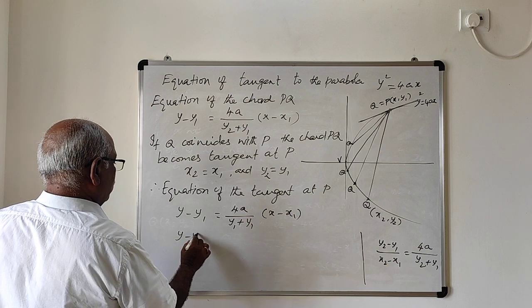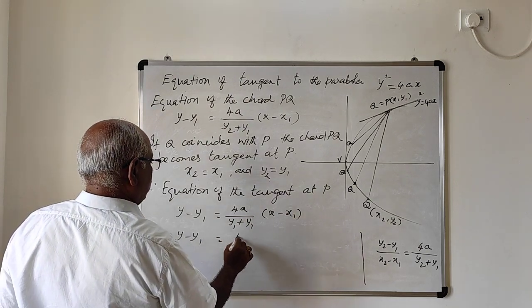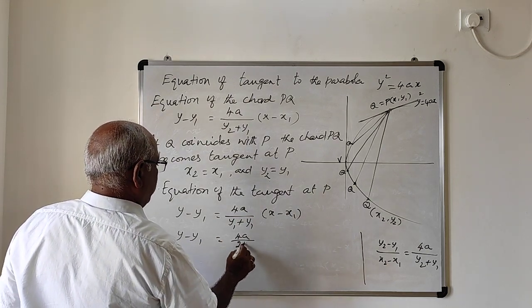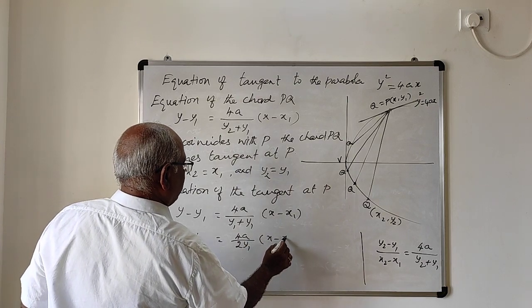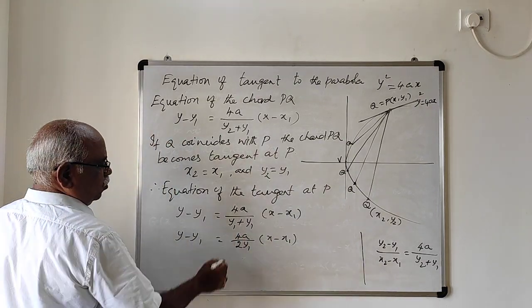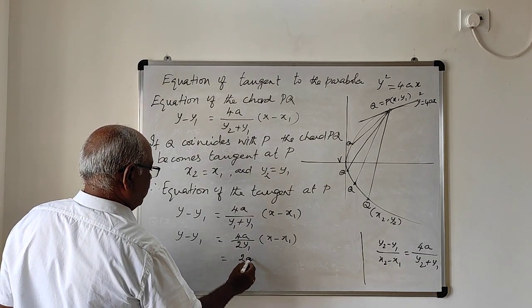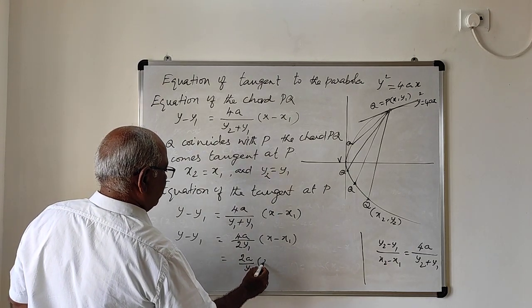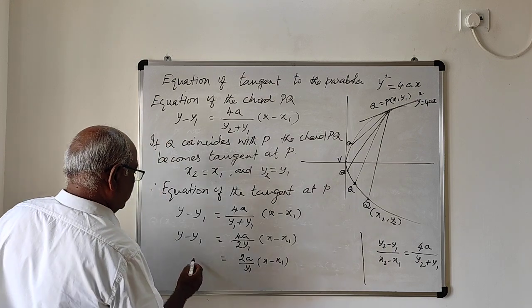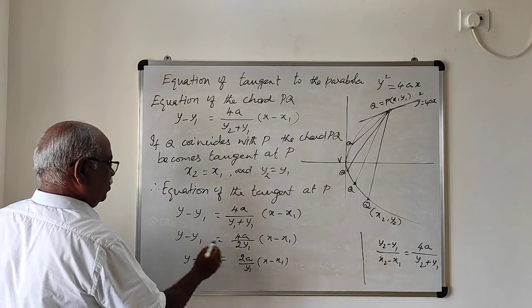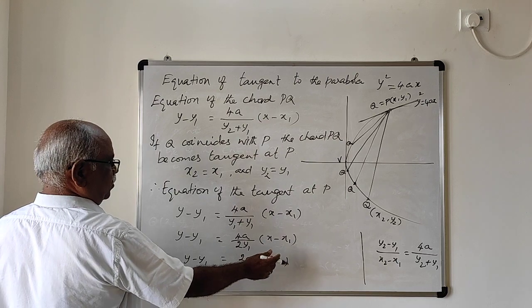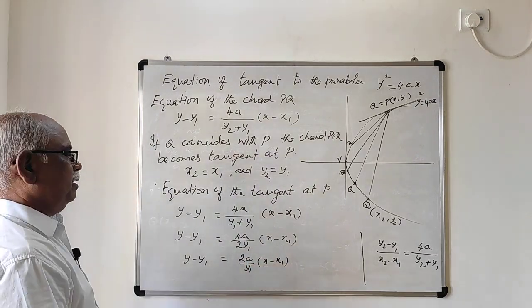So y minus y1 equal to 4a by 2y1 into (x minus x1). Cancelling, 4 divided by 2, you will get 2a by y1 into (x minus x1). So y minus y1 equals 2a by y1 into (x minus x1). This is the equation of the tangent at P.